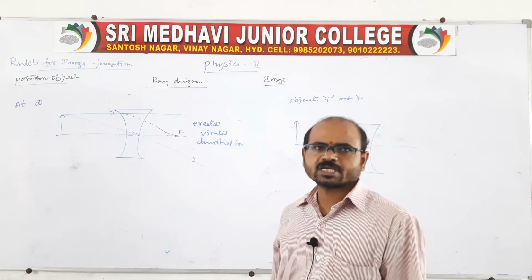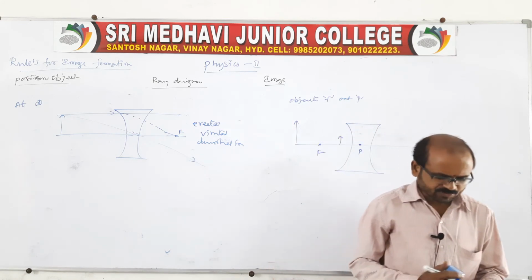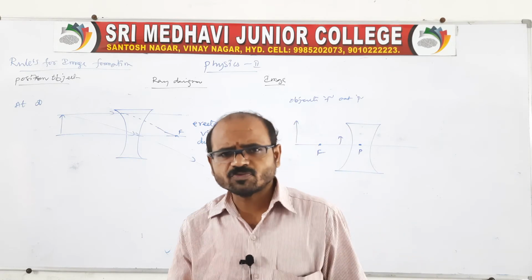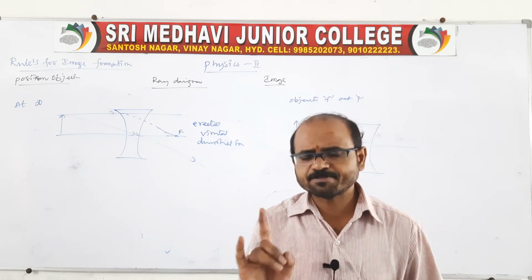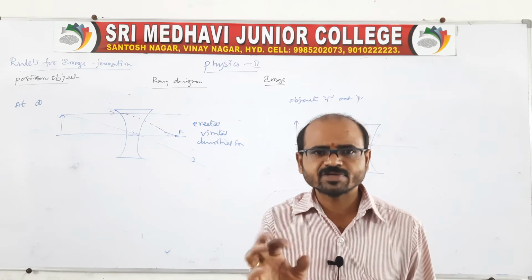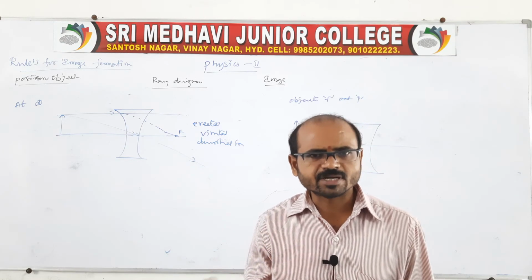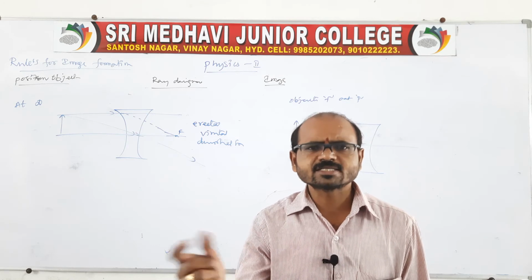Here, I will tell you the conclusions. In case of a convex or convergent lens, except for one position, the image will be real and inverted, but the sizes are different.